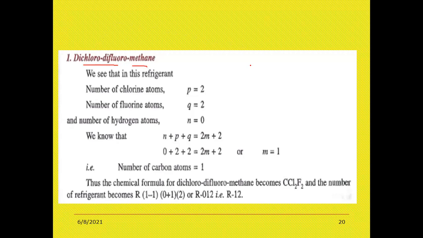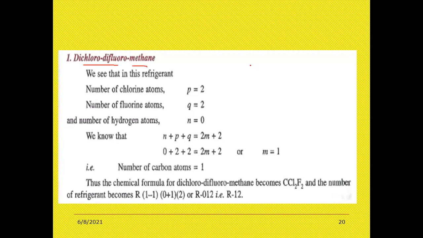So n plus p plus q is equal to 2m plus 2, where n is equal to 0, p is equal to 2, and q is equal to 2.